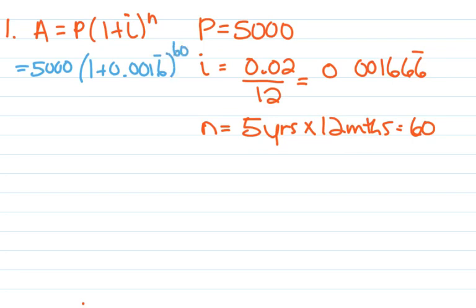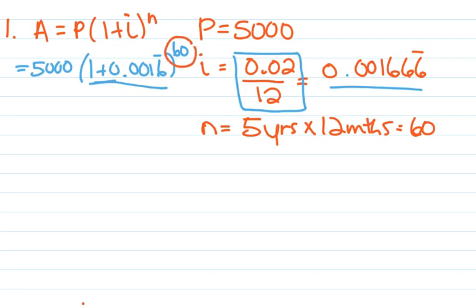All right, so when you put this into your calculator, 0.02 divided by 12, keep that number in there, and then add 1 to it, and then leave that number in your calculator and do to the power of 60, which will be about 1.105.